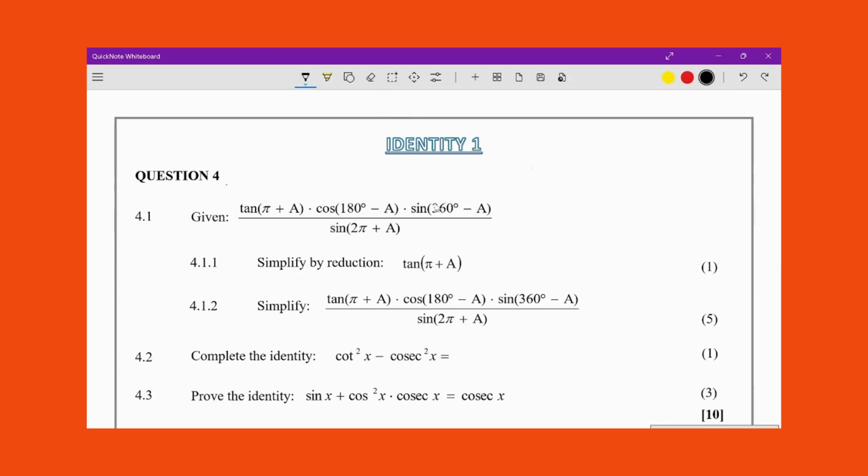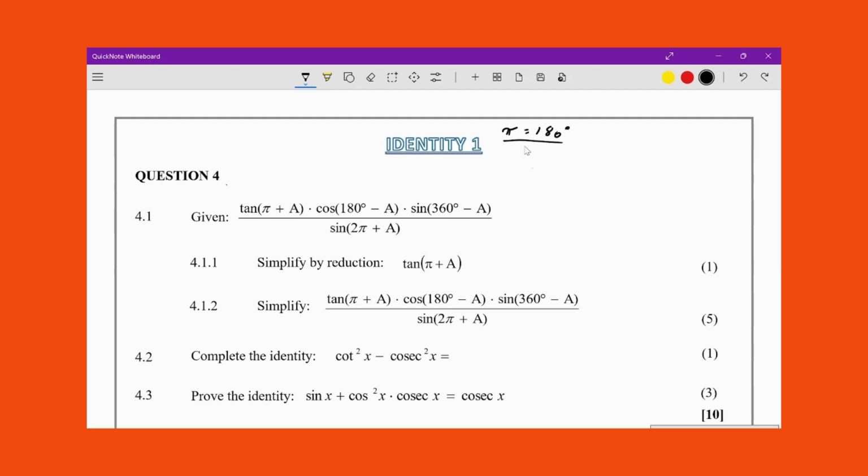So we are given this reduction formula. The first question says simplify the reduction. We are given the tangent of pi plus 180 degrees. First, what is pi? Pi is an angle that is given to us in radians. So pi radians equals 180 degrees. This is a direct substitution.